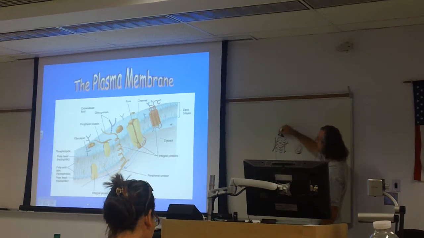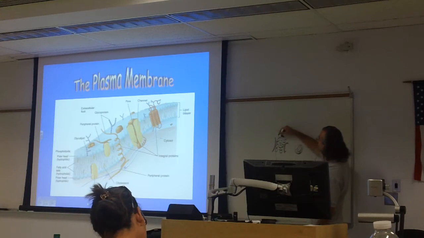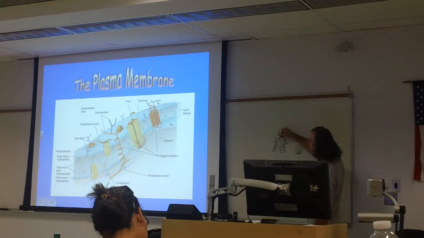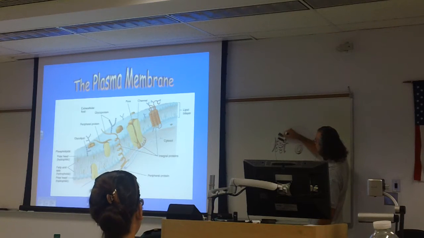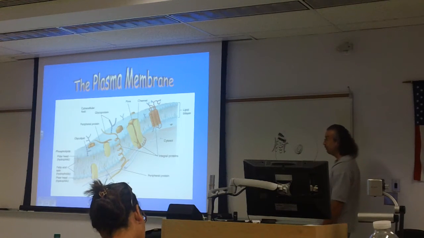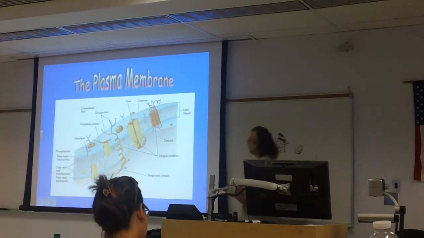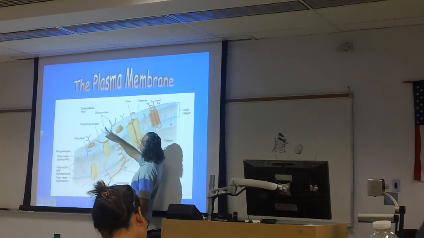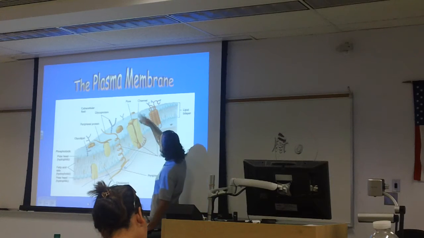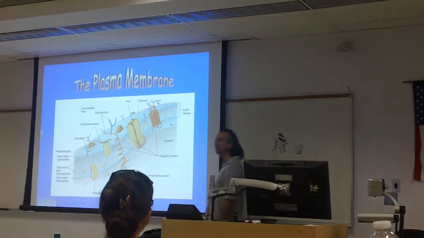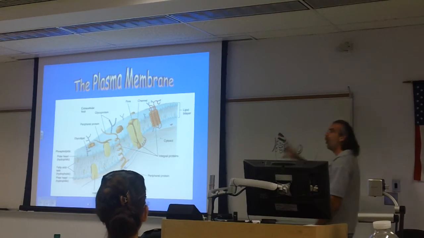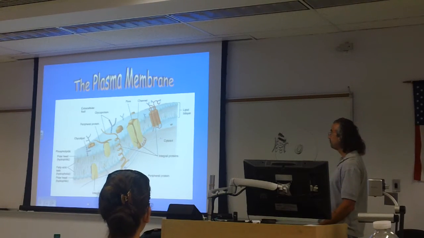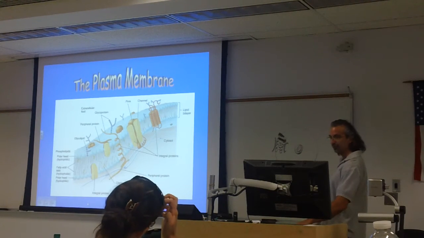So it will penetrate into it, or it'll go all the way across from one side to the other. Those are my integral proteins. So those are 2 categories, peripheral and integral. And we have other stuff on here as well. Glycolipids, glycoproteins, ion channels, markers, and all that stuff as well. So we're going to do all that and talk about the stuff. That's a little snapshot overview of that one.